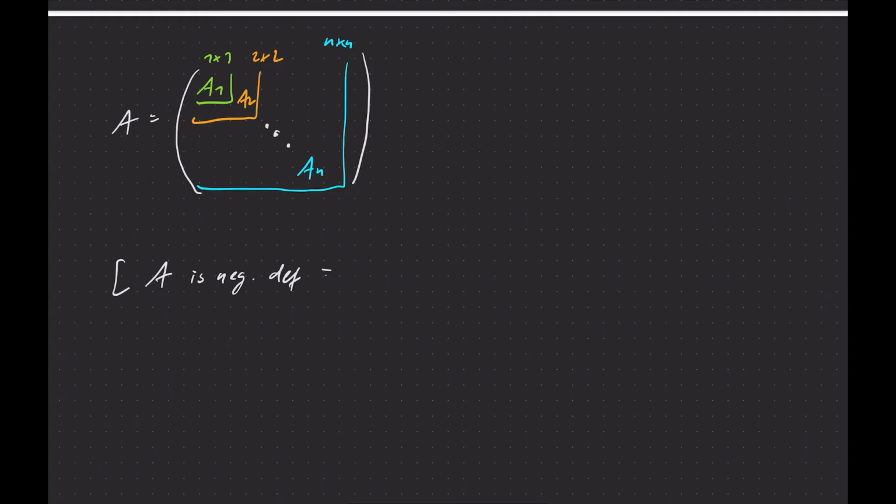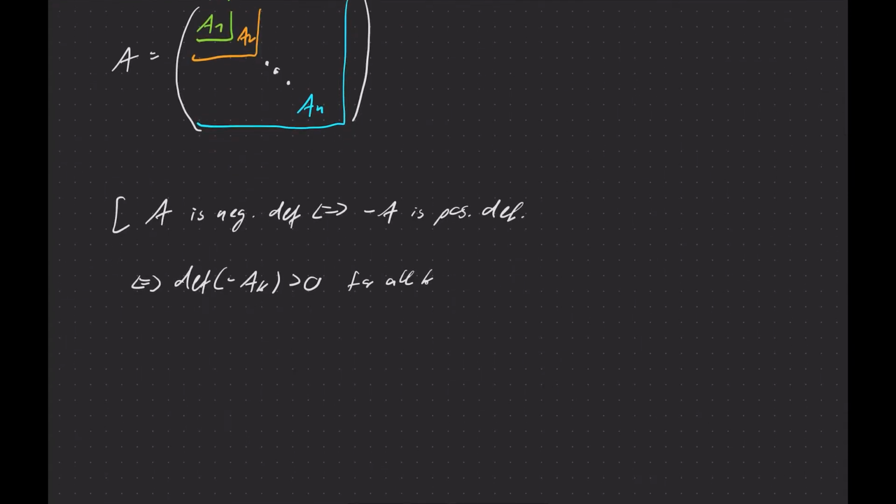Well, that means by Sylvester's criterion, the determinants of the minus A_k, those all have to be positive for all k. And that means, well, you could take out that minus sign, and remember, for a determinant you have to take out the minus signs by a row.